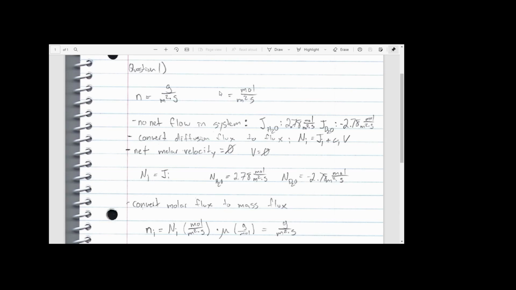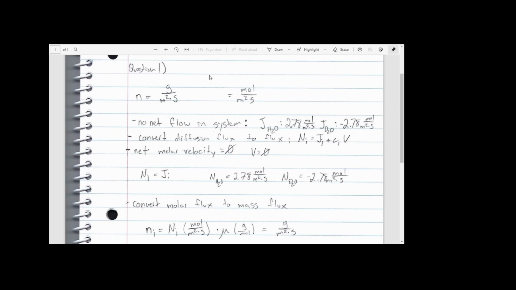Molar diffusive flux is similar to mass flux, but molar flux is moles per second, which is flow through an area, meters squared. The diffusion flux differs from that of flux in that one component is diffusing into another component.